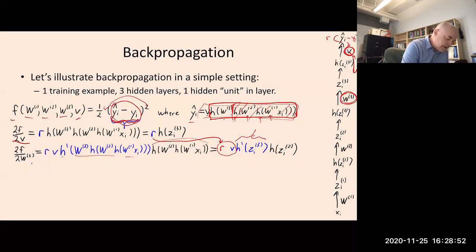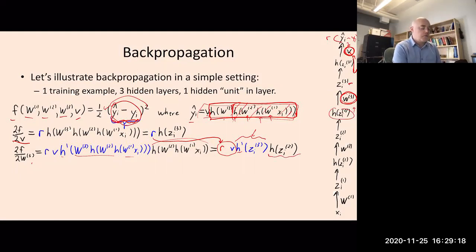If we have this function H prime sitting around, the derivative of the sigmoid with respect to its argument, then we have that local information here, and we have the information coming up from the original forward pass.